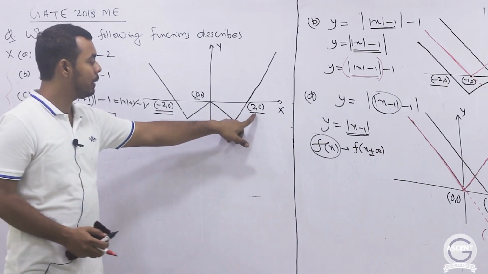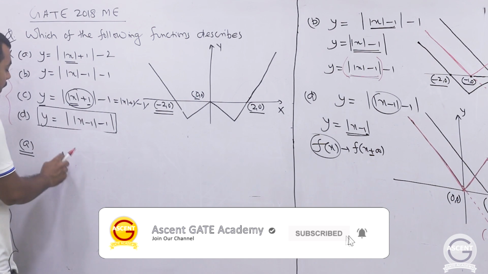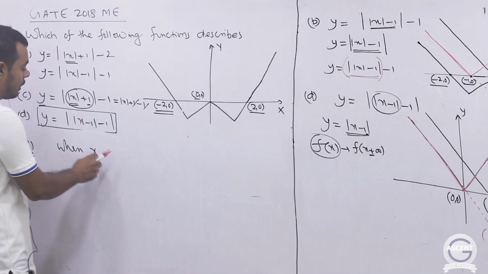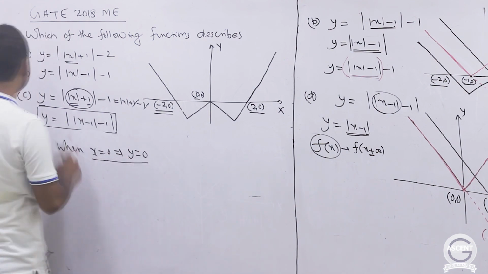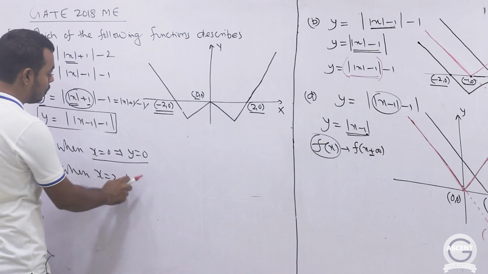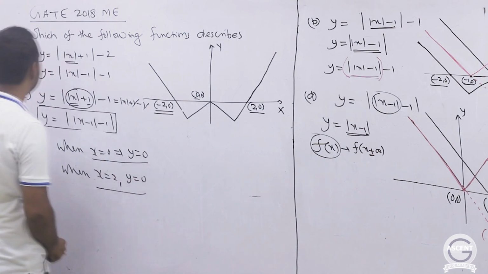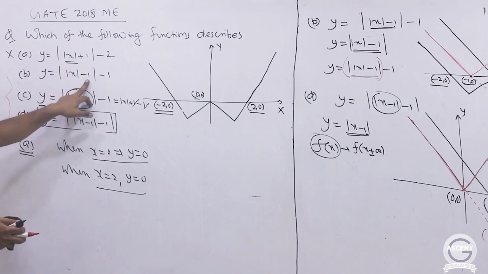Now when x is 2, the value of y should be 0, right? First we have checked that when x is 0, y should be 0. So option A was eliminated. Now we are going to check when x is 2, y should be 0. So in option B, if I place x equals to 2 here, then I will get 2 minus 1, 1, 1 minus 1, 0.